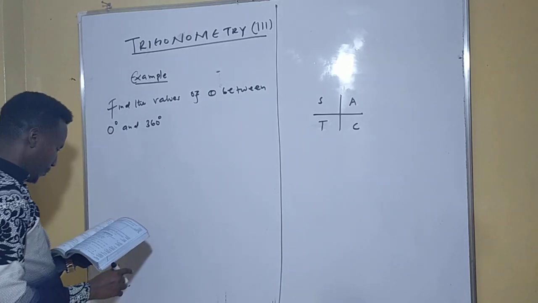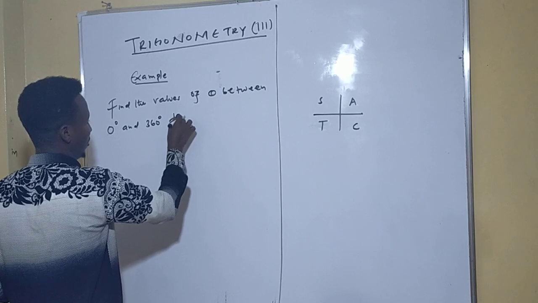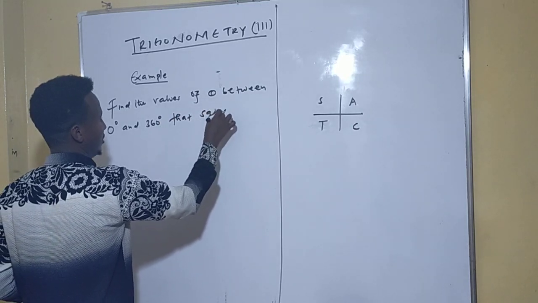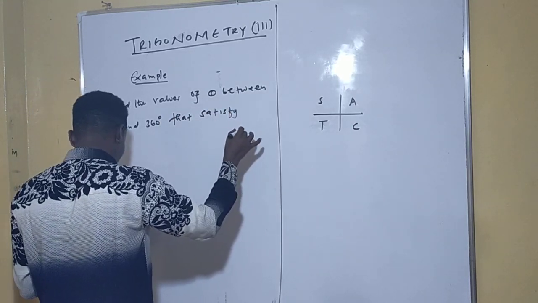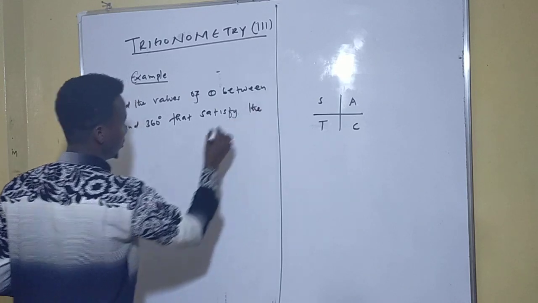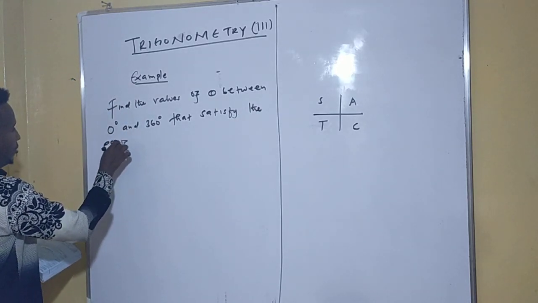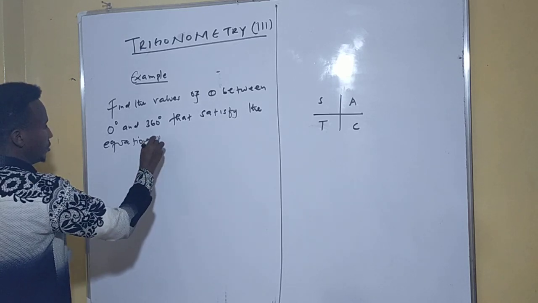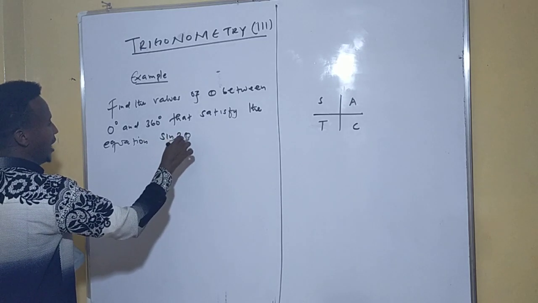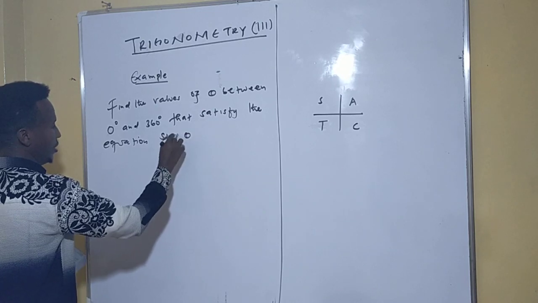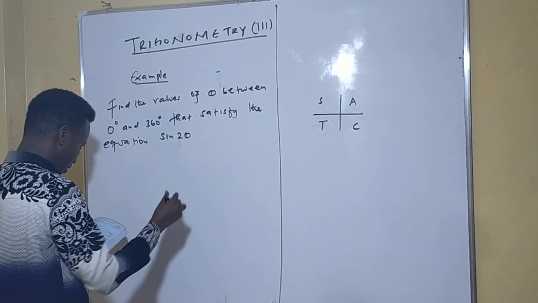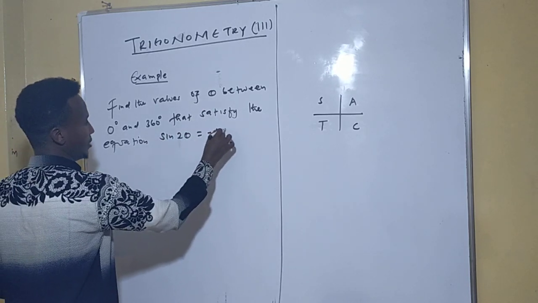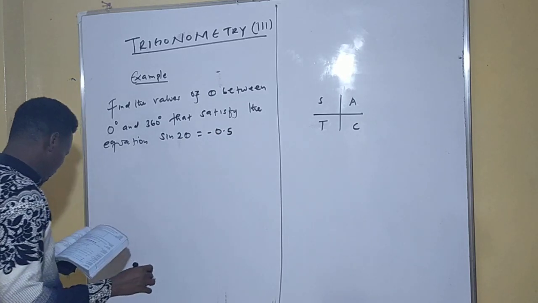That satisfy the equation sine 2 theta is equal to minus 0.5.